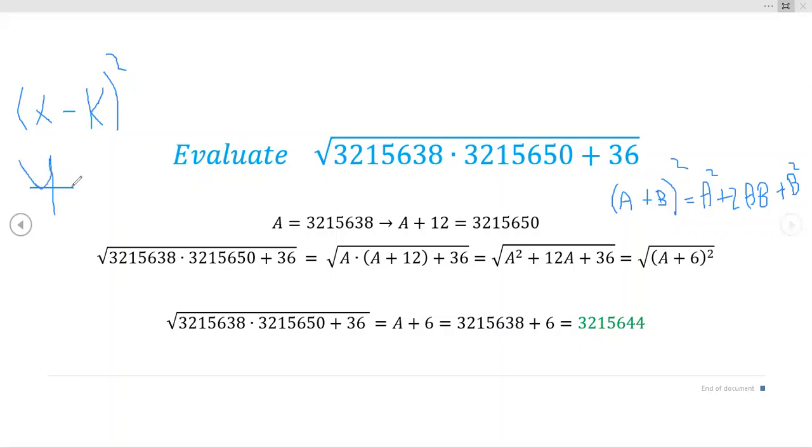If k were positive, it would be a parabola over on the other side. But you do have the symmetry, which means you can just pick the middle number. The arithmetic mean of this number and this number is actually 3,215,644. So again, if you recognize the form, this problem is trivial.